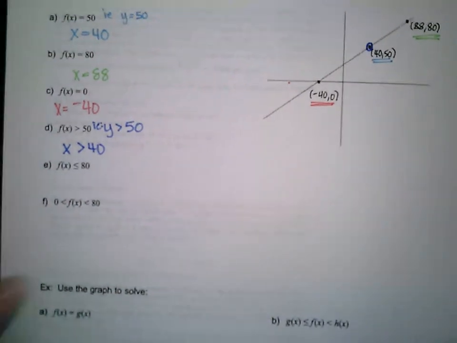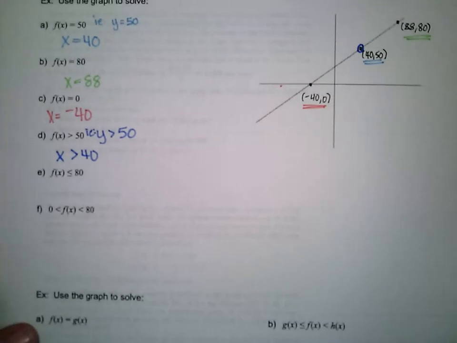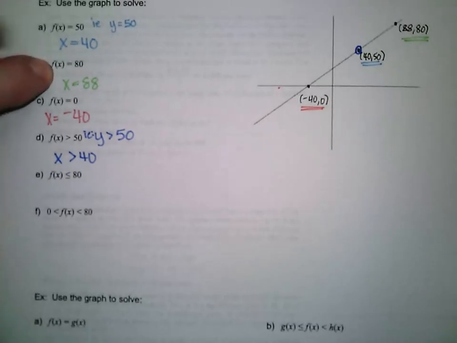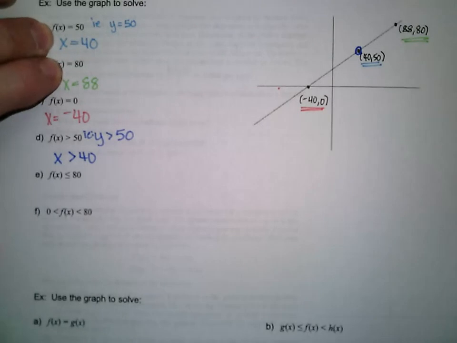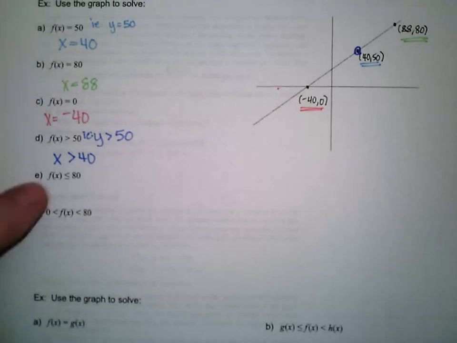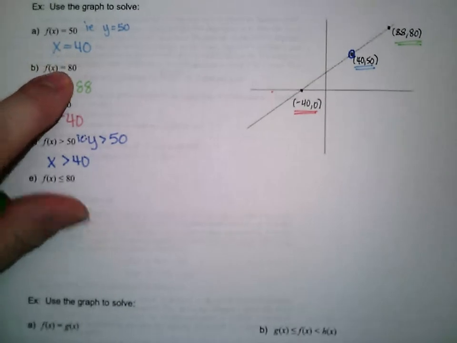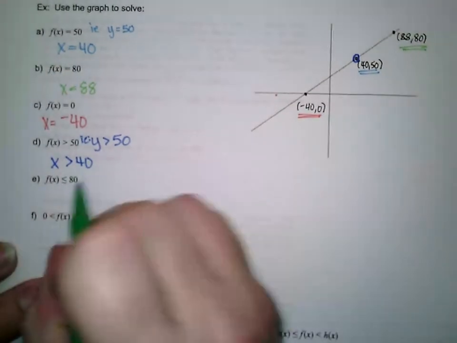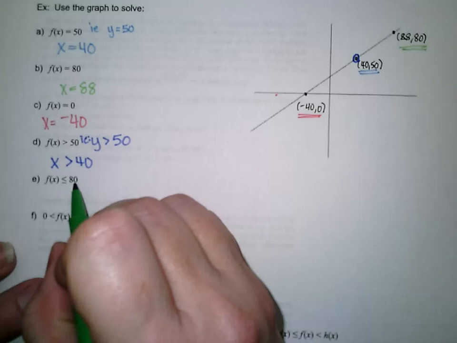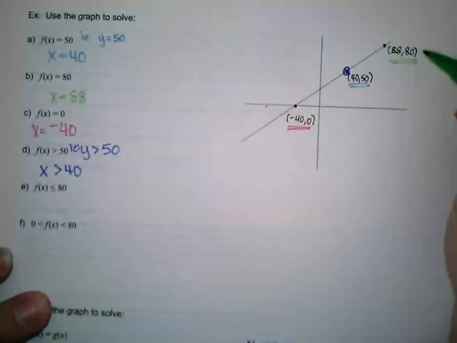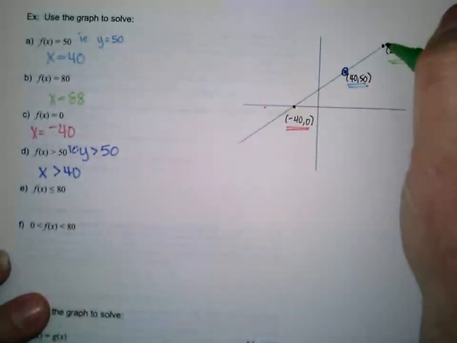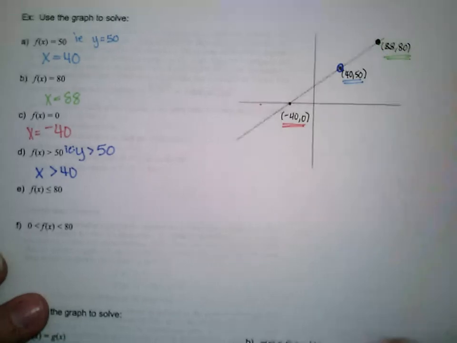Okay. Where is f of x less than or equal to 80? We already saw where f of x equaled 80. So now we're looking for where y is less than or equal to 80. So here's where y equals 80. So we want it to be less than or equal to 80.